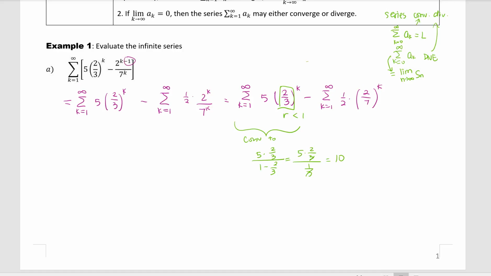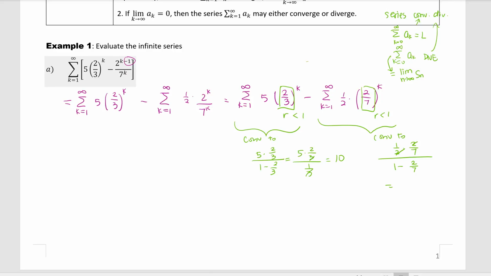For the second series, r is also less than 1, so it converges. It converges to the first term, when k equals 1, over 1 minus the ratio.